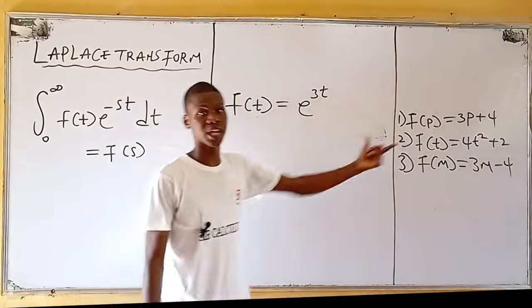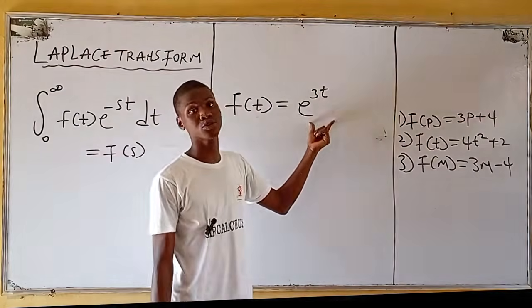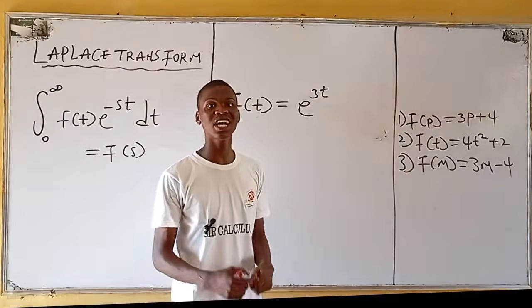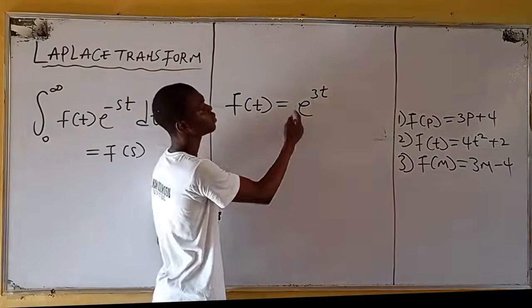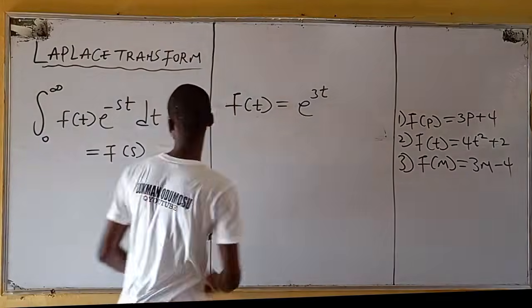I'm transforming this function to f of x. How do I get the end result, which is f of x? Take the Laplace of this given function, which is exponential 3t, using this formula.